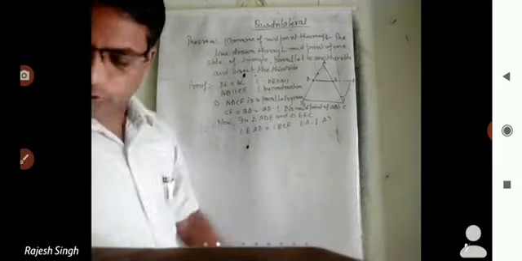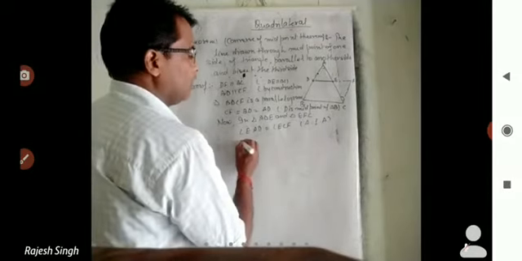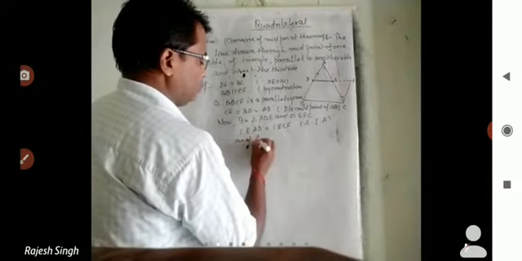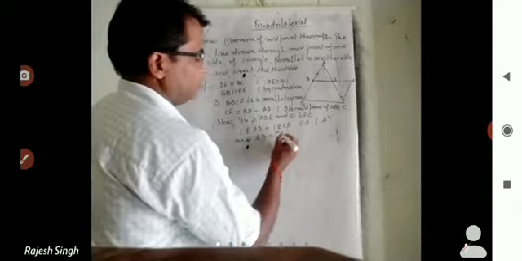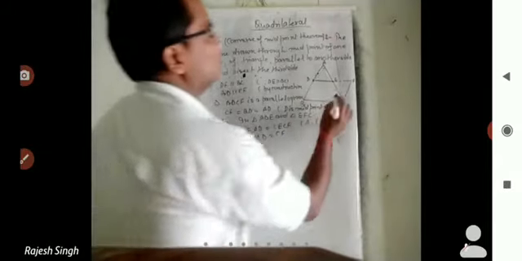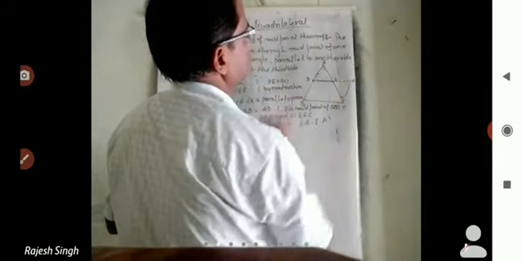Again, I want to see here, AD is equal to CF, and this angle is equal to this angle.